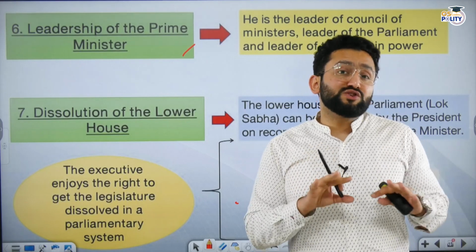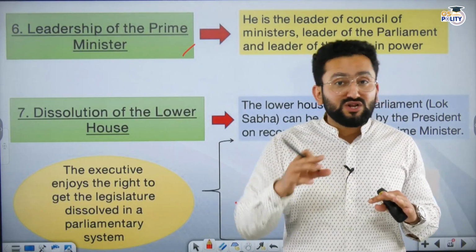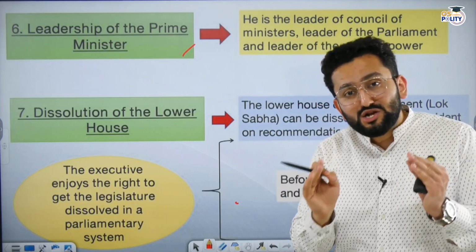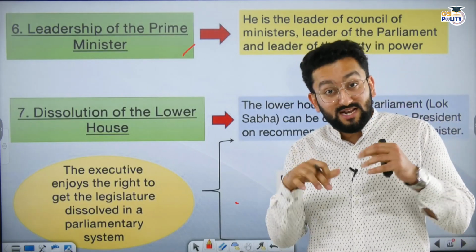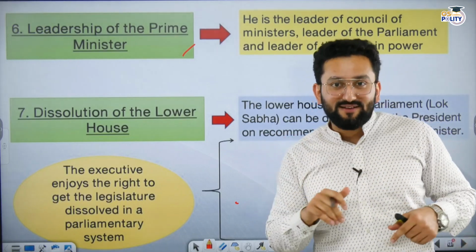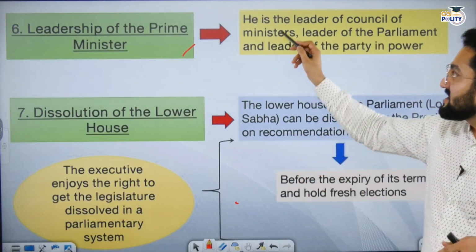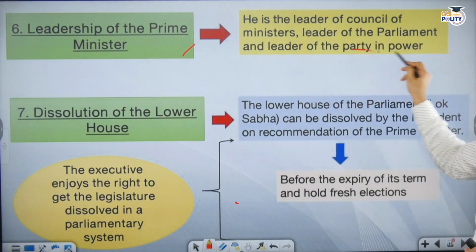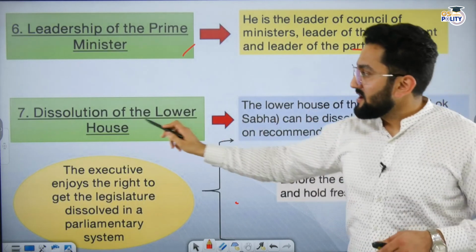So that is why the British system is also called the prime ministerial system. And similarly in case of India, the prime minister holds the real power, and that is why we can also say prime ministerial government. Okay. So he is the leader of the Council of Ministers, leader of the Parliament, and leader of the party in power. Okay.